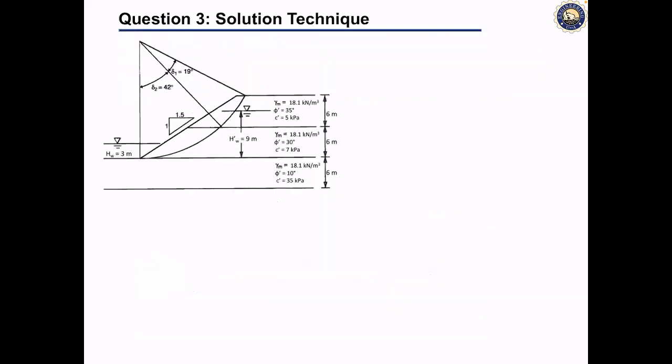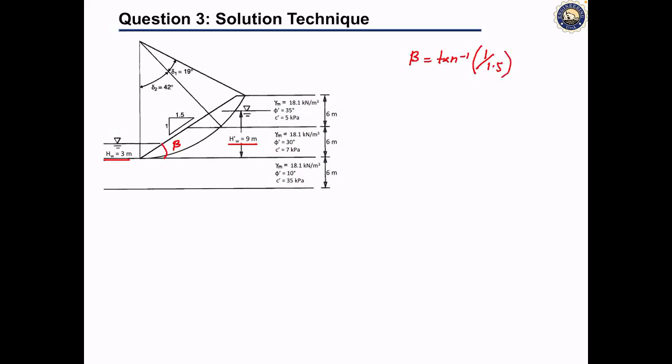As you can see in our question, we have this HW prime, HW. We do not have the slope angle directly, but we can easily determine this by using this, 1 over 1.5.